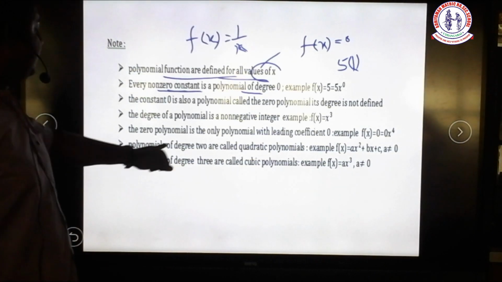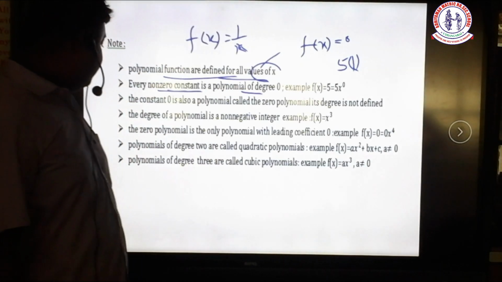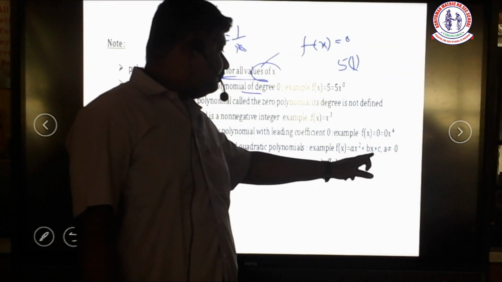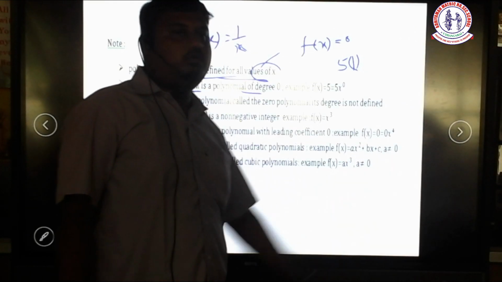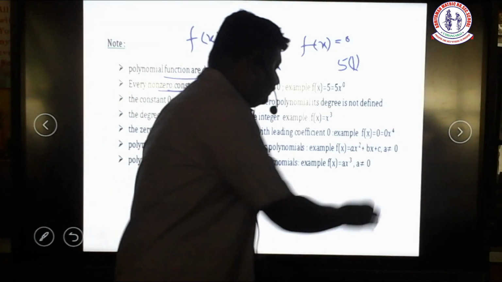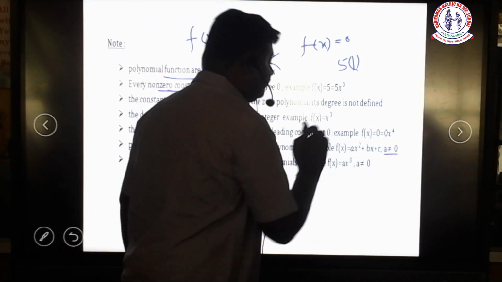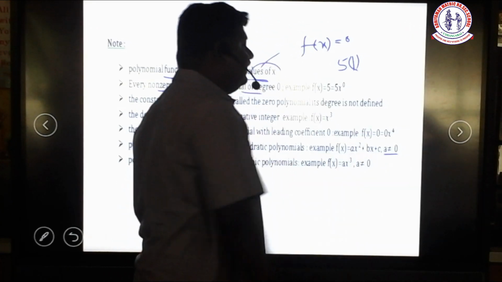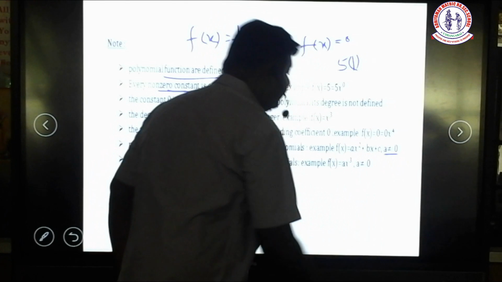The next: a polynomial of degree 2 is called a quadratic polynomial. You are already familiar with quadratic polynomials of degree 2. For example, ax square plus bx plus c, where a is not equal to 0. This is the important point: a is not equal to 0. Why is this important? If you put a is equal to 0, it changes into a linear polynomial. That's why we put a not equal to 0.